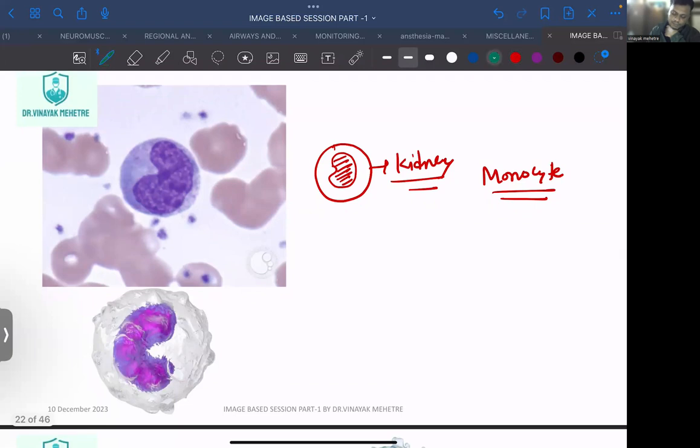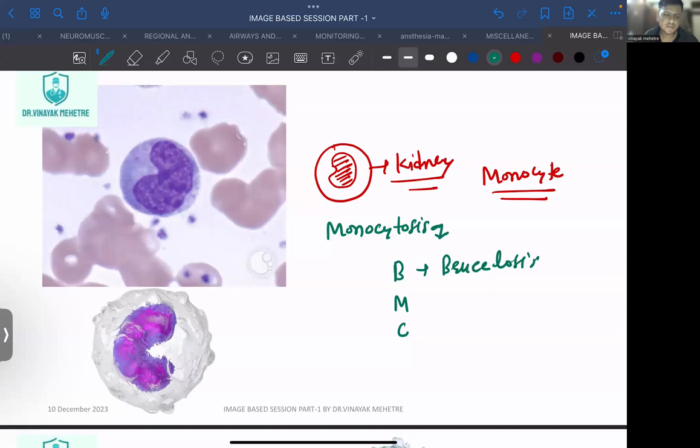Monocytosis, anyone? Monocytosis is seen in which diseases? Brucellosis, right? Brucellosis. M stands for malaria. And one more, that is cancer. You will find it here.